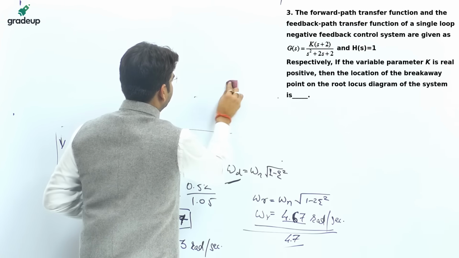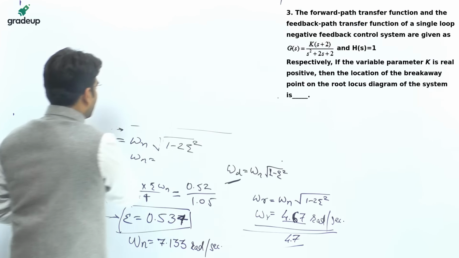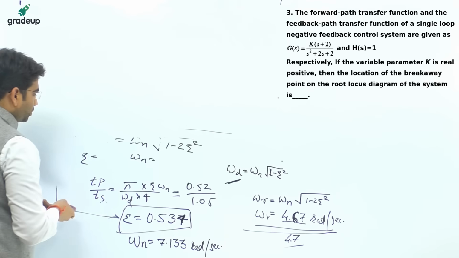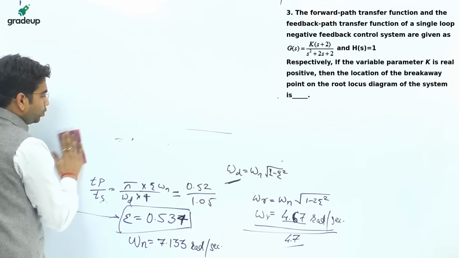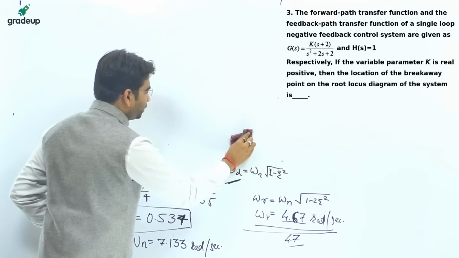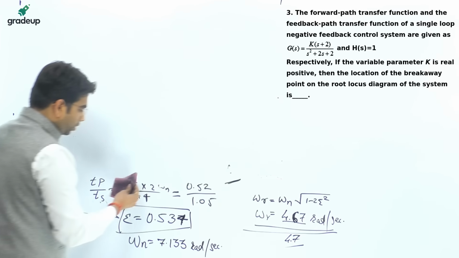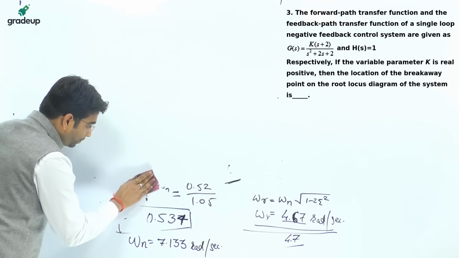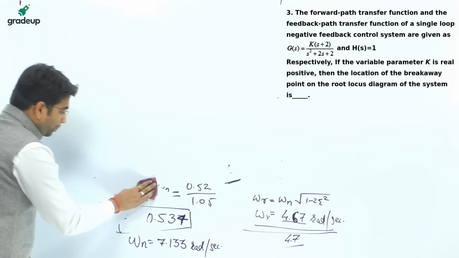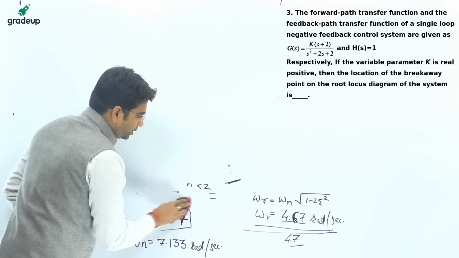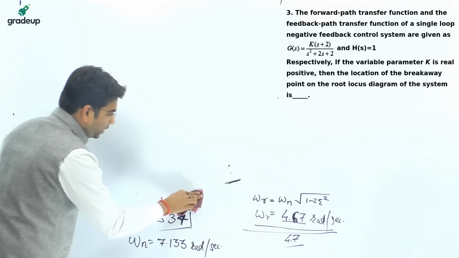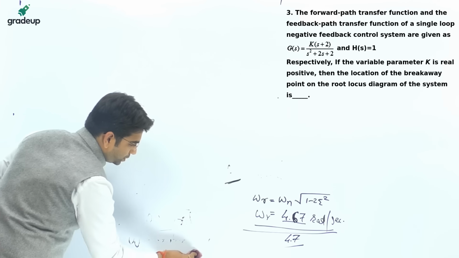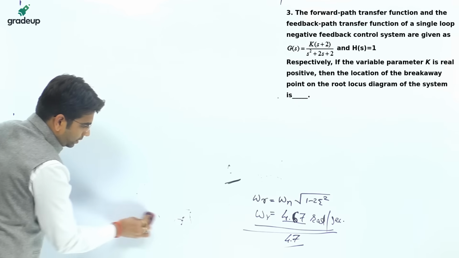You should know the properties of root locus, how a root locus will be drawn, okay. The basic properties which a root locus satisfies: the root locus is always symmetric with respect to the real axis, and p minus z number of root locus branches tend to infinity, where p is the number of open loop poles and z is the number of open loop zeros, okay.